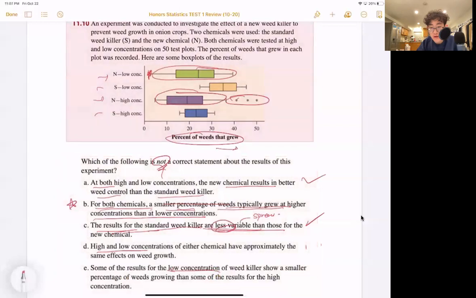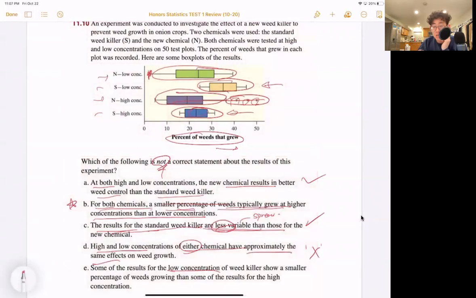We have a bunch of various different data sets here, and a couple of outliers that give me a higher percentage of weeds that grew, versus this, where it's standard, low concentration versus high concentration. Now, I wouldn't consider these two to be similar by any means. It says either chemical has approximately the same effect on weed growth. They do not, because look at the blue and the yellow. They do not have a similar percentage of weeds that grew. So this one is clearly the one that I feel is going to be the answer.